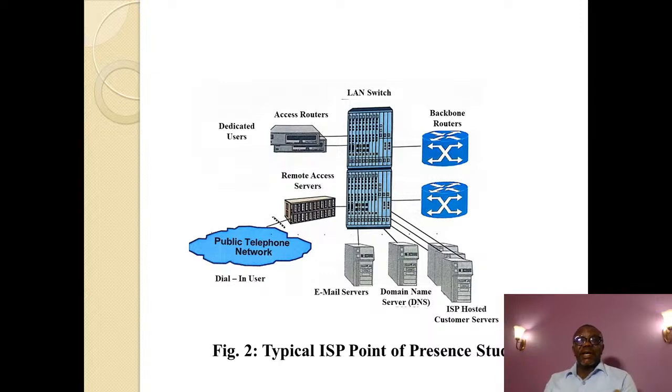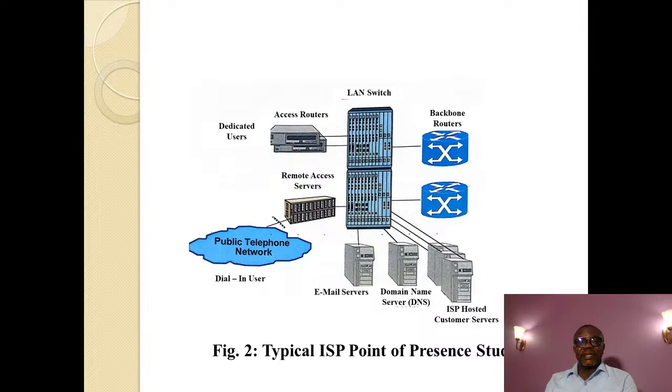You see the access routers, which are being used by dedicated users. You see the massive equipment at the center, which is the LAN switch. Of course, you see the remote access servers, which people use to access the LAN switch via the public telephone network.